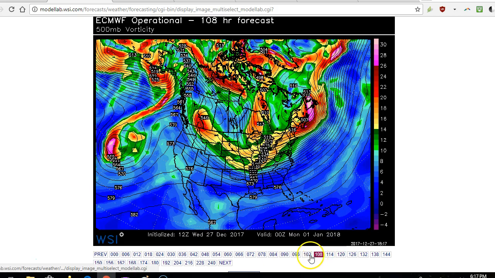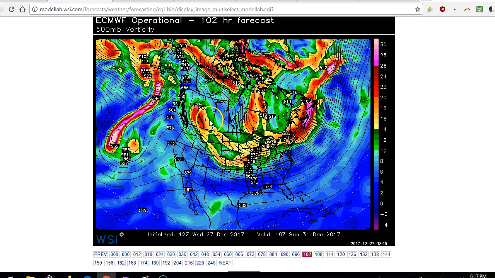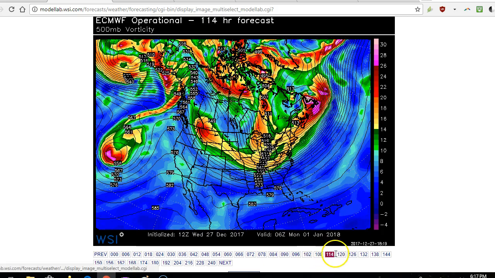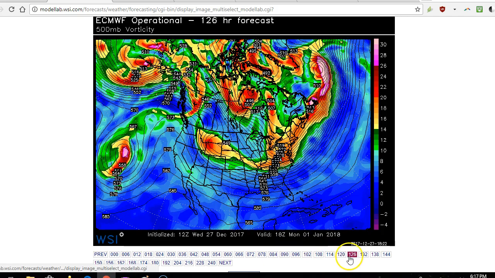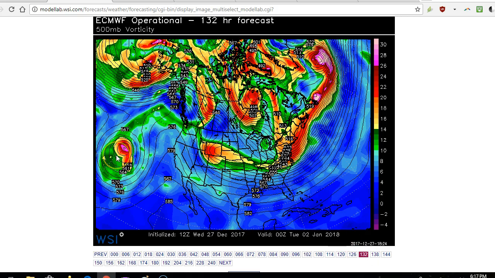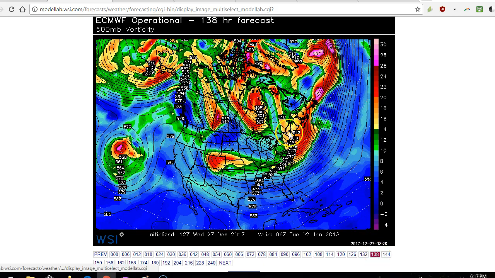And as a result, we get multiple pieces of energy diving down this ridge, one in British Columbia and into the Intermountain Rockies that slowly dives southward. And then the ridge spike gets re-enhanced by this upper level low, shifting in orientation to where we get another ridge spike near British Columbia, sending a second potent shortwave down Alaska and further south.